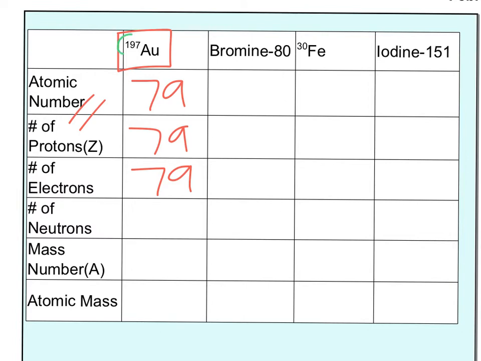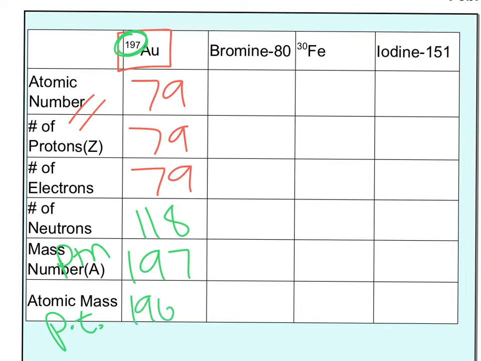If you remember, the number in the top left is the mass number. So my mass number for this is 197. Mass number is protons plus neutrons. So for neutrons, 197 minus 79 is 118. So that would be my answer for the neutrons. The atomic mass, remember you get this from looking at the periodic table. For gold, I am seeing 196.97.